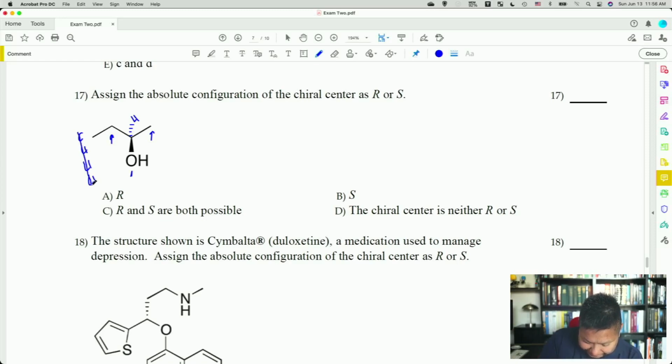This carbon here is connected to 3 hydrogens. And then this one here is connected to a carbon and 2 hydrogens. So carbon here beats this hydrogen over here. So this is number 2. And this is number 3.